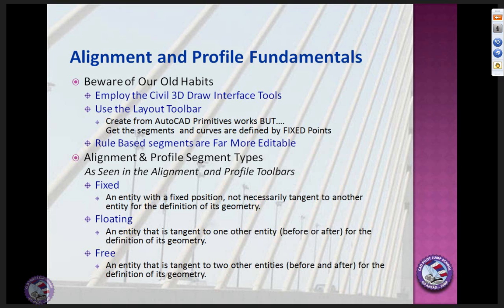Understanding those three things is critical to successfully employing the rule-based tools in Civil 3D, which allow a much more flexible, editable, changeable, malleable set of control, both horizontally and vertically. So paying attention to these things is critical.